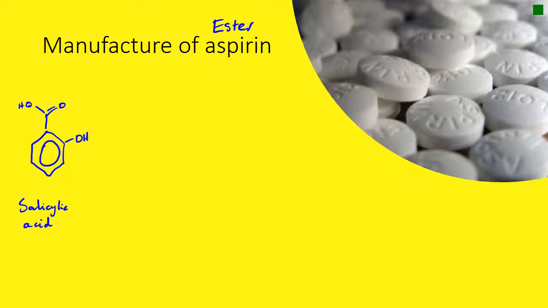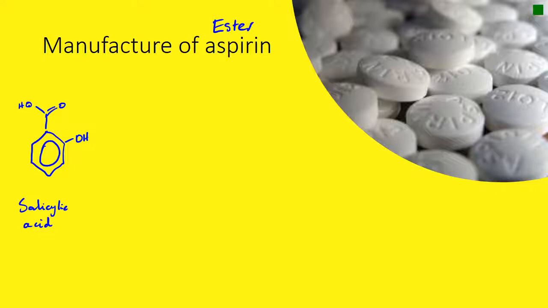But it functions as an alcohol as far as this reaction is concerned, because it's got that extra hydroxyl group hanging off the number 2 carbon of the benzene ring. Now you could react that salicylic acid with either the acyl chloride or the acid anhydride.